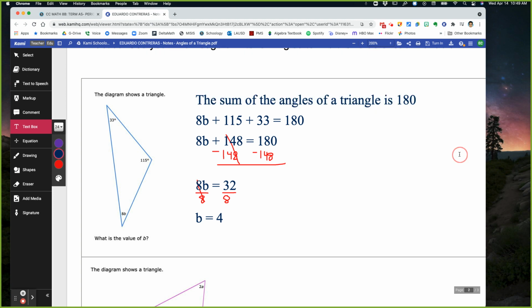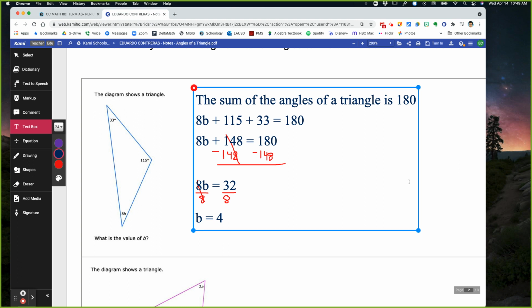So if you're ready to move on to the next question, let me know. Give me a thumbs up, a B or a D, if you're ready to move on. Okay. And they all have to do with the triangle sum.